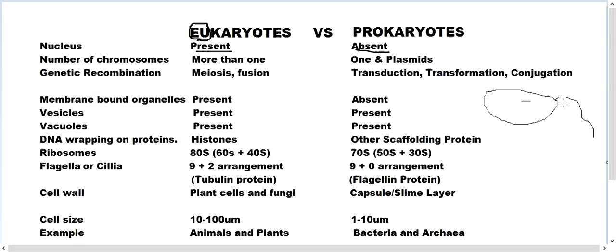That structure moves and helps the cell to move around in water, and cilia are structures which are smaller than flagella and present like hair-like structures like this. They are smaller than flagella, but they also help in locomotion in the water. So flagella and cilia can be present in both eukaryotes and prokaryotes, but their structure is different.